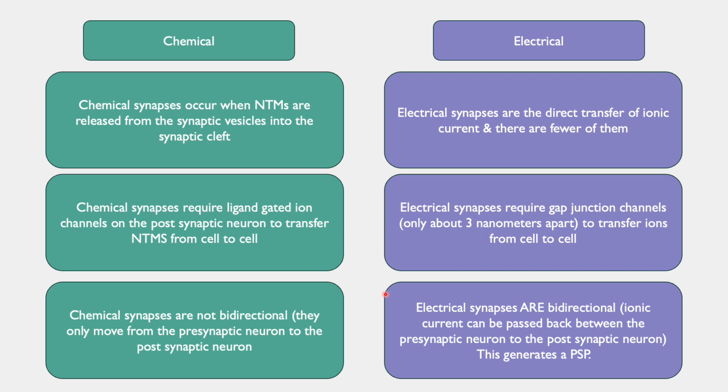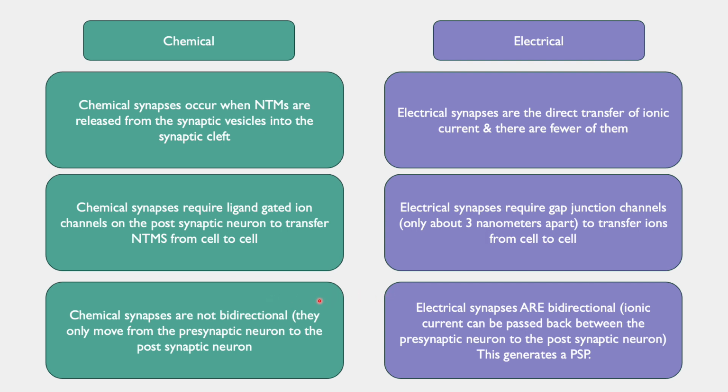This generates something called postsynaptic potentials, which we're going to discuss later on. Eventually, these postsynaptic potentials can become large enough to initiate another action potential that can be sent from the postsynaptic neuron to the presynaptic neuron. So this is largely a key difference between these two types of synaptic transmission.